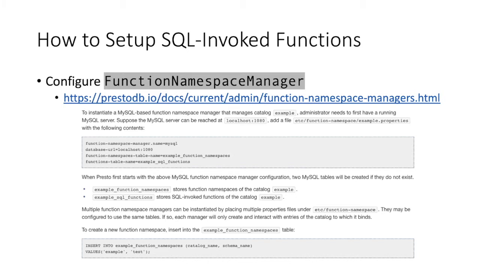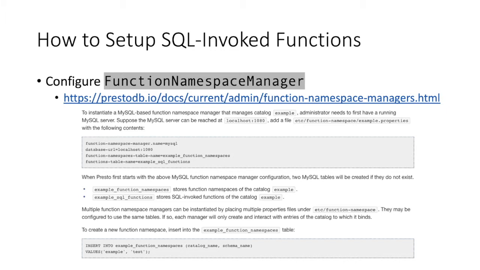If you want to have an additional implementation, function namespace manager is somewhat similar to a connector API. It's a different API. If you implement this API in a plugin, you can have a different implementation as well.